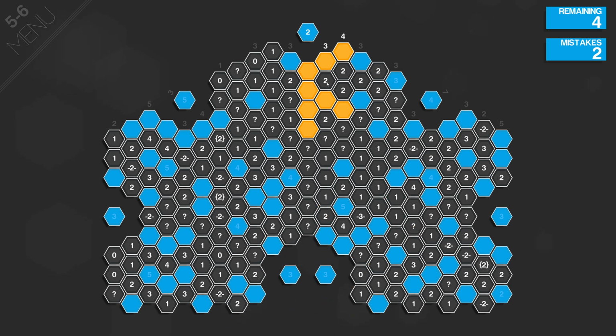Now, what does that give us? This 3 has 1, 2, needs a third, which must be one of these. And this 2 must get one of those. But it can't be 2 in the semicircle. So this is a top and bottom pair.